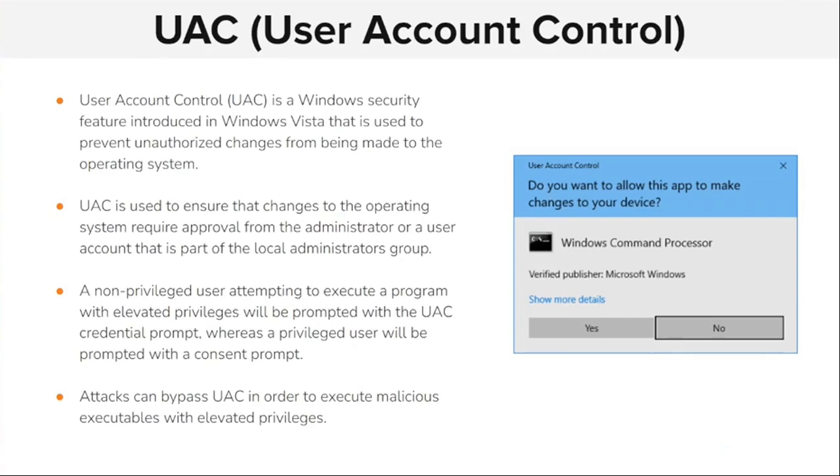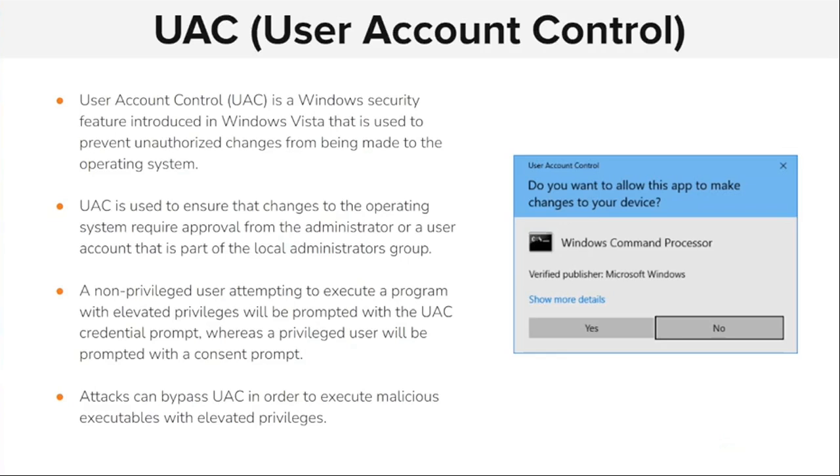Let's say you're a standard user account that is not part of the local administrator group. In that case, you'll get a prompt that asks you for the administrator credentials. I'm sure you've seen this before. That's very common in organizations where you need to provide a username and password for the administrator user.